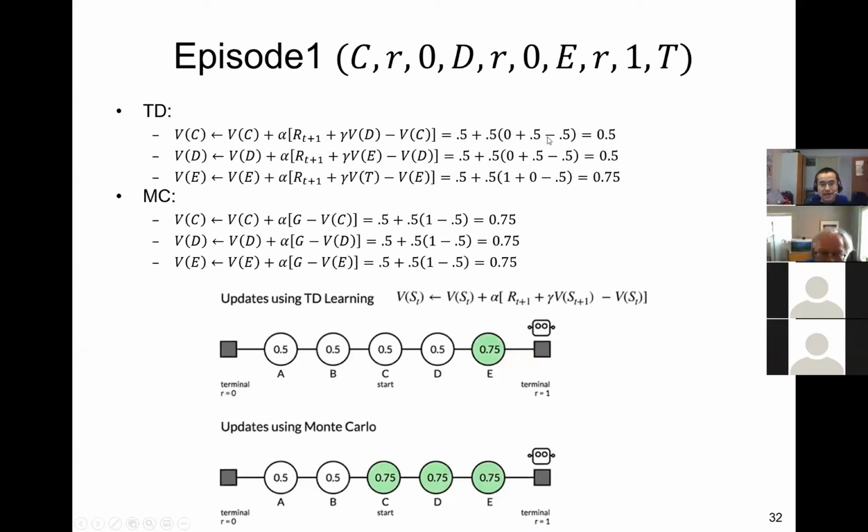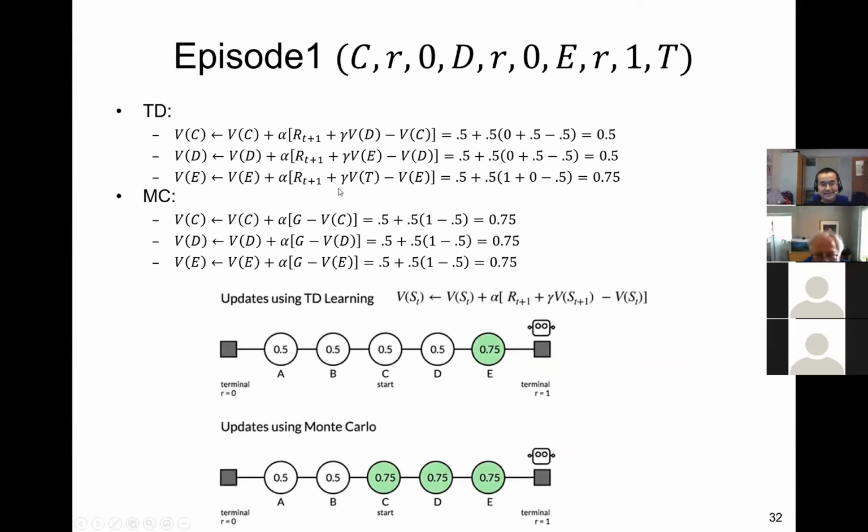So this has 0.5 as a result. That's when you are in state C. When you are in D, you look ahead one step to see the next state is E. So that's R(t+1) plus gamma times VE, and then you get 0.5.